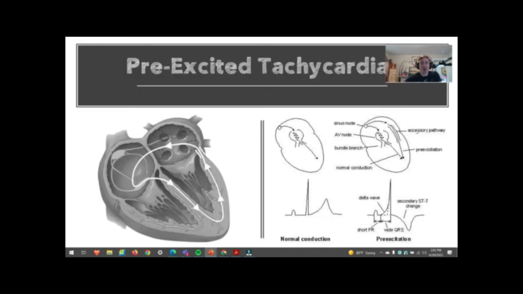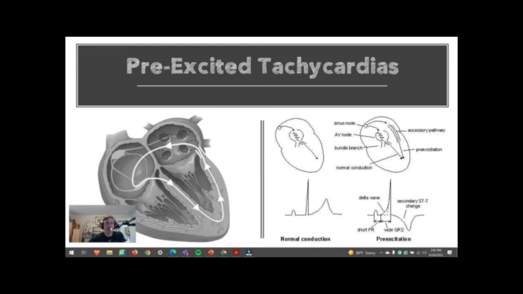Pre-excited tachycardia, so WPW is what we think of when we think of pre-excitation. It can also be LGL syndrome. But what happens with normal conduction is it goes through from the SA node to the internodal pathways, through the AV node, and then it goes down the right and left bundle branches.